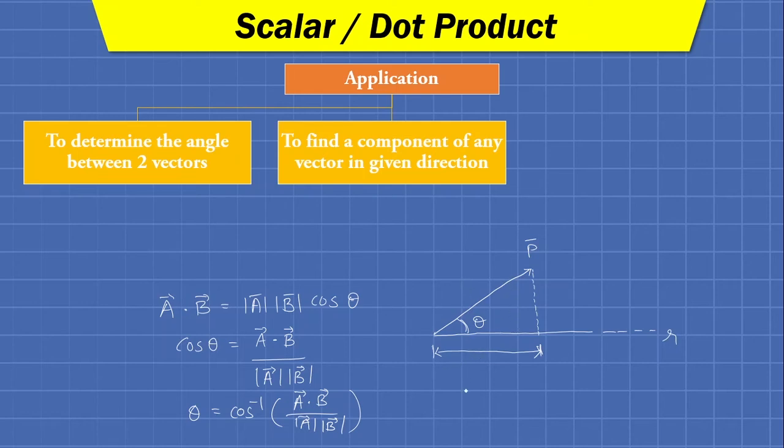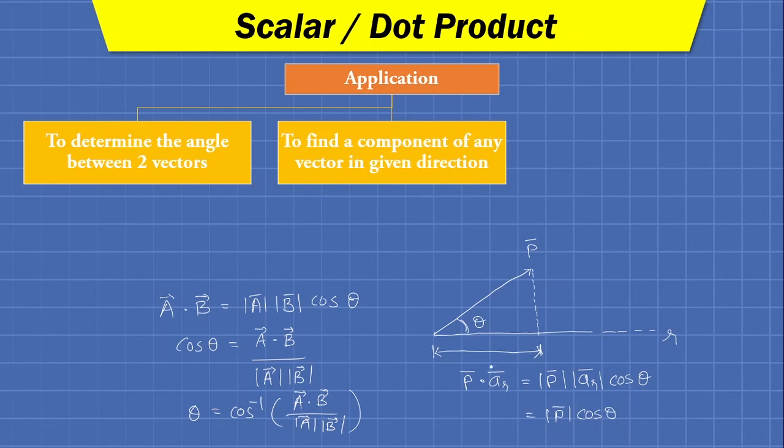We simply need to take a dot product of that vector with the direction we are interested in. So if we find p bar dot ar bar, it will be modulus of p bar modulus of ar bar and cos theta, because the angle between p bar and the direction is theta. Now the magnitude of a unit vector is 1, so we will have modulus of p bar cos theta. So this will be the length of the projection of p on the direction of r.